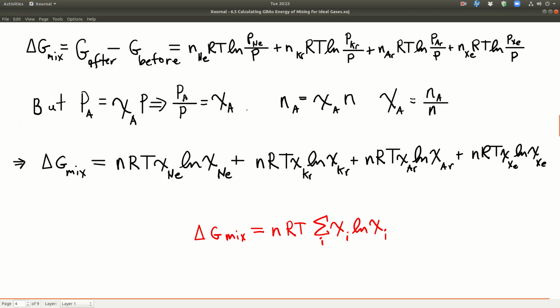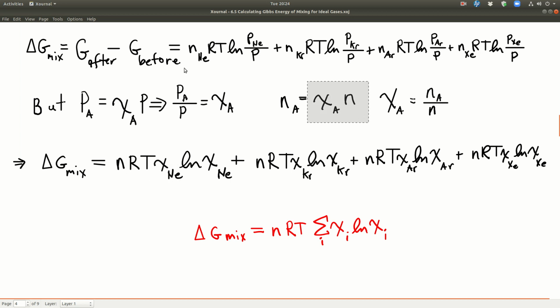So what we do is we come up here and replace each of these terms with the mole fraction. The moles of each of the components, we're going to write as the mole fraction times the total moles. And so we get this. So this term here, plus this term here is just like that.